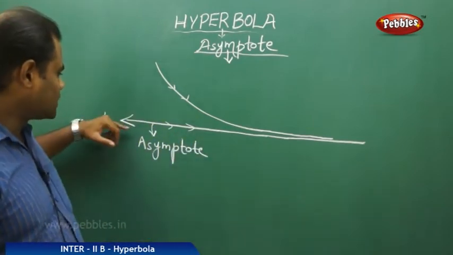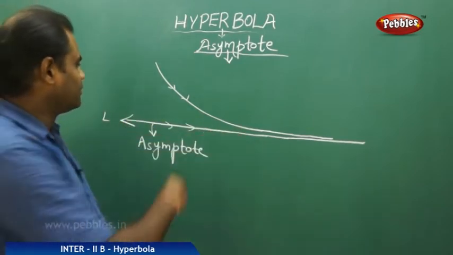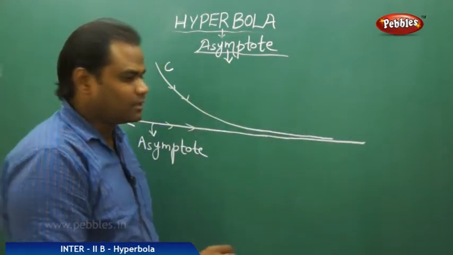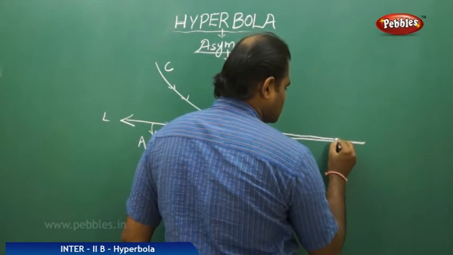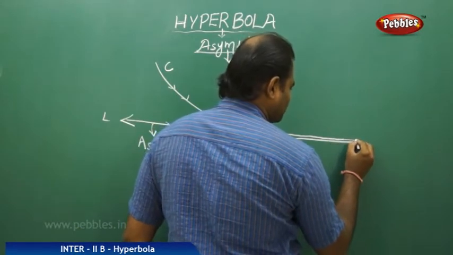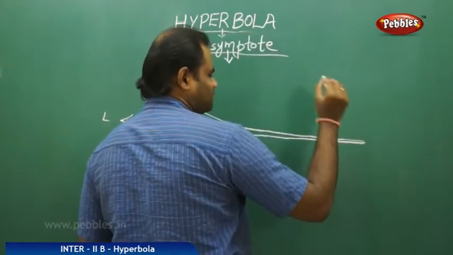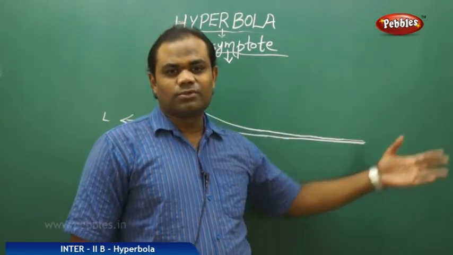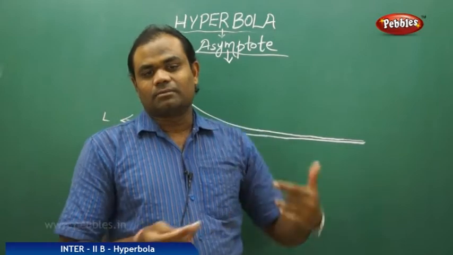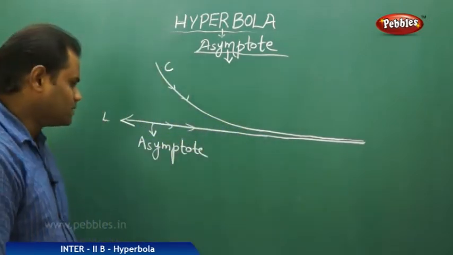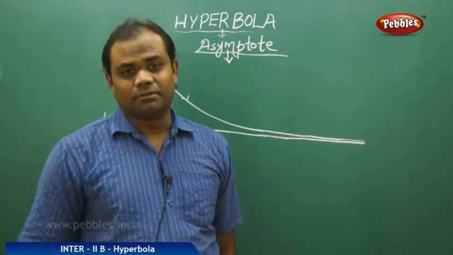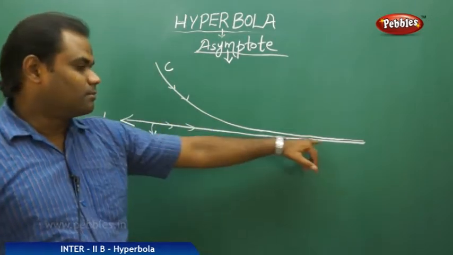So here for this example, this line L tries to touch the curve, but it doesn't touch, almost getting closer and closer, is how we identify its property. As we move towards infinity, even the curve moves to infinity, but they get closer, but they never meet. So mathematically we say that an asymptote tends to touch the curve at infinity, but in general sense they never meet.